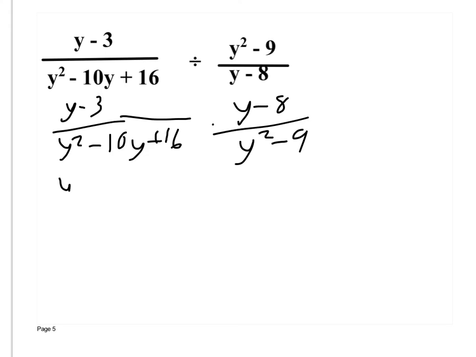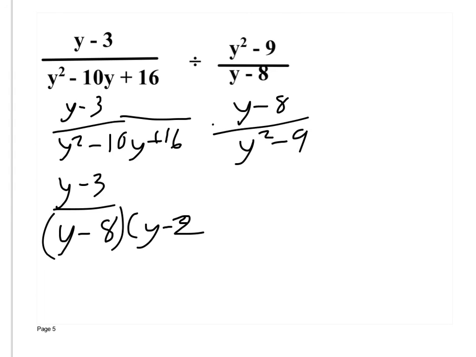I'm gonna break up y squared minus 10y plus 16. What would multiply to give me positive 16 and add to give me negative 10? Negative 8 and negative 2. Good. And then I've got y minus 8 here. You obviously know y minus 8 has to be down here because it's up here, right? So that has to be one of them.